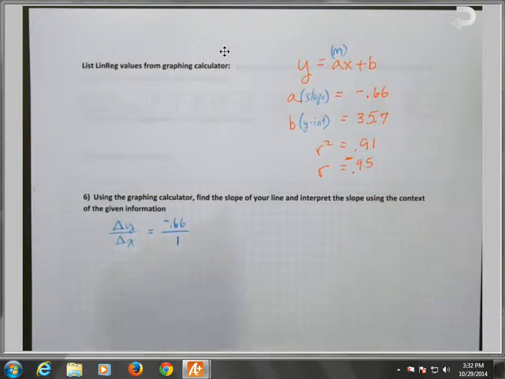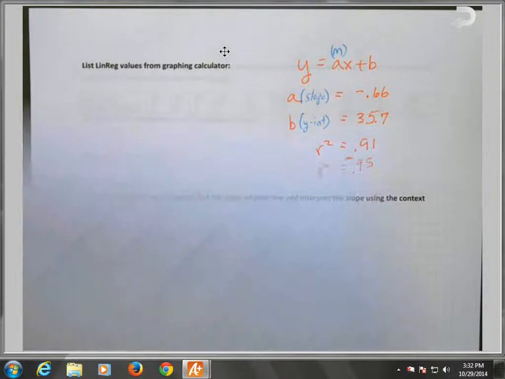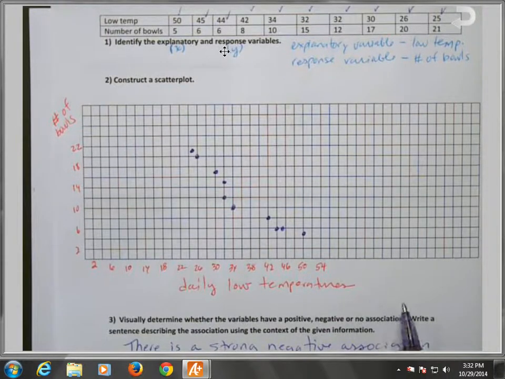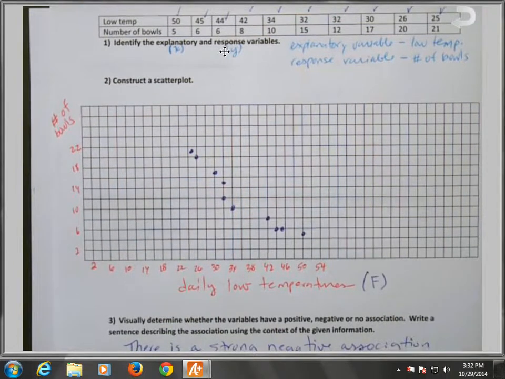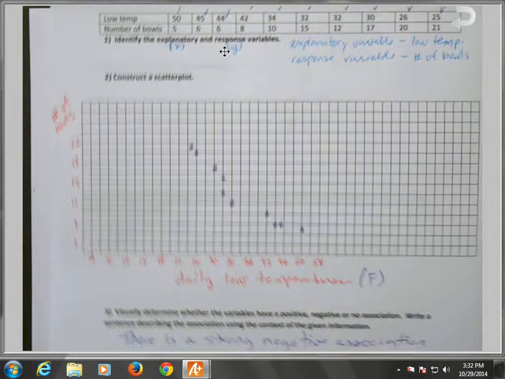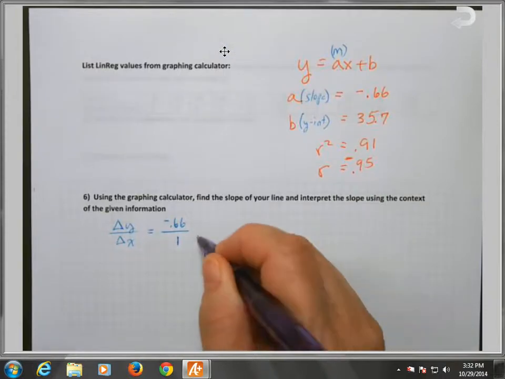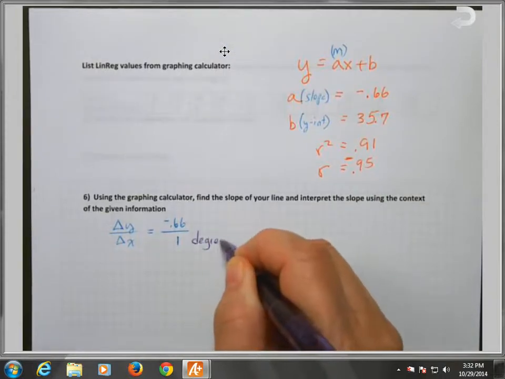Okay, with x, that's the explanatory variable. If we take a quick look back at the scatter plot, our daily low temperatures were along the x-axis. So temperatures were in Fahrenheit. Okay, should put that, Fahrenheit. So this 1 stands for 1 degree. 1 degree Fahrenheit.